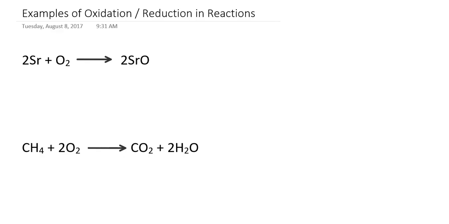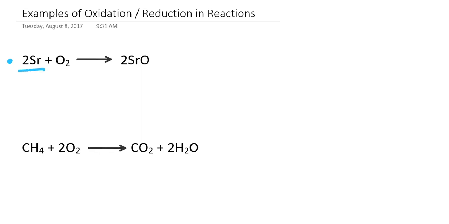So take, for example, this first reaction right here. I have 2 moles of strontium that are going to react with oxygen, and that's going to give me strontium oxide. So let's actually assign the oxidation numbers. Okay, so if you recall, any element has an oxidation number of 0.